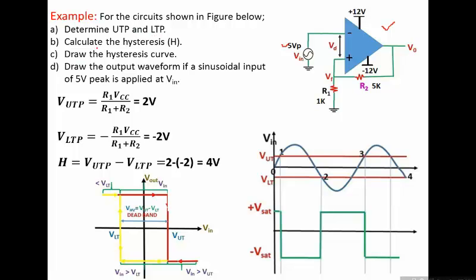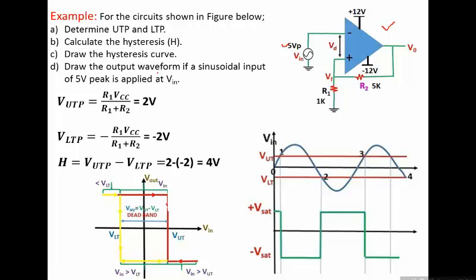In part B, you have to calculate the hysteresis band, the width of the hysteresis. In part C, you have to draw the hysteresis curve like this, and in part D, you have to draw the output waveform for the circuit for the given component values and input signal.